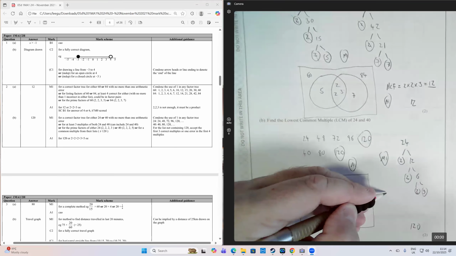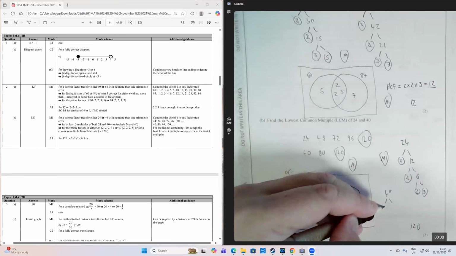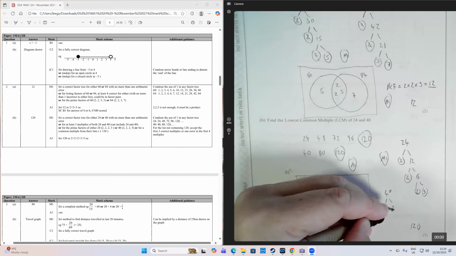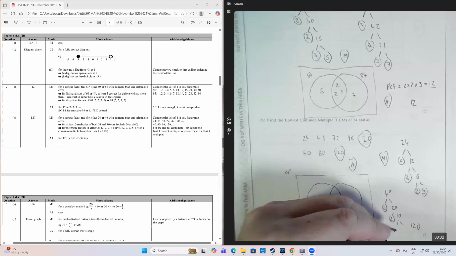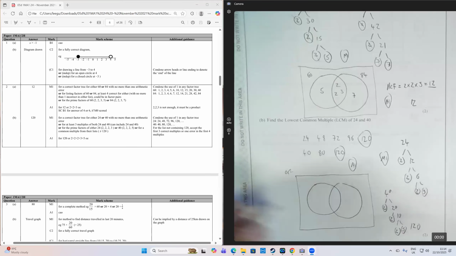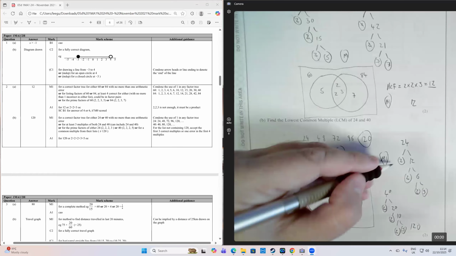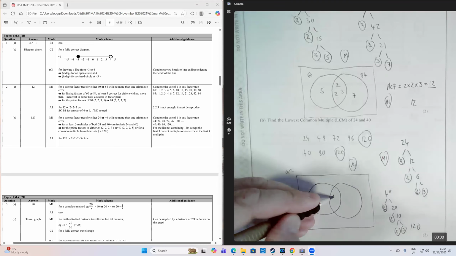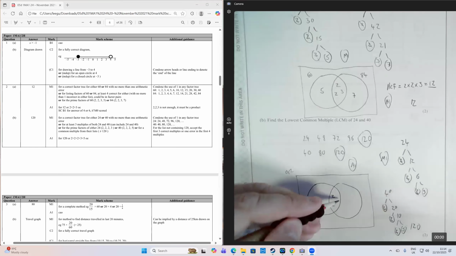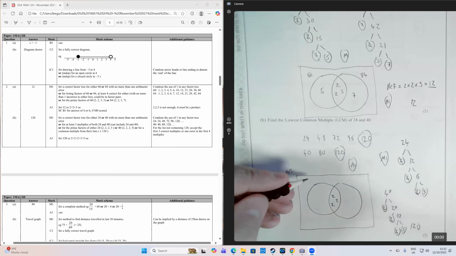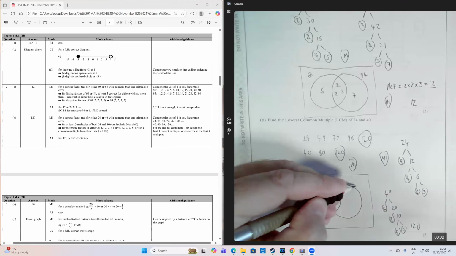I would then do the same thing with 40, which would go to 2 and 20, which would go to 2 and 10, which would go to 2 and 5. Okay, so in the middle, we've got a 2 in both lists, a 2 in both lists, another 2 in both lists. This is our 24 here, and this is our 40.